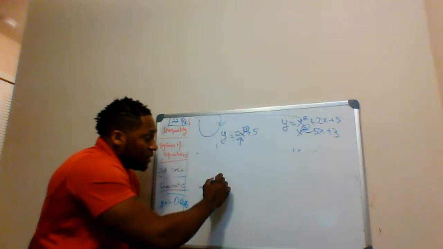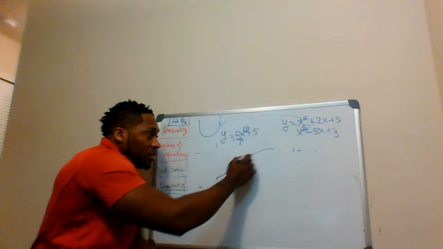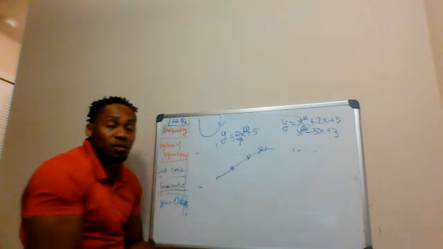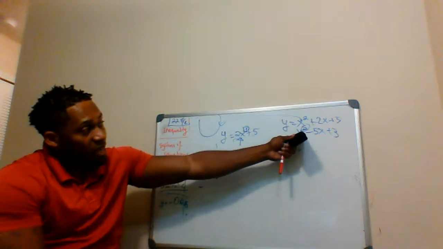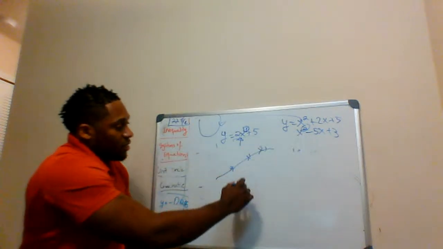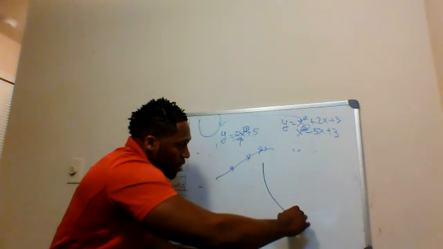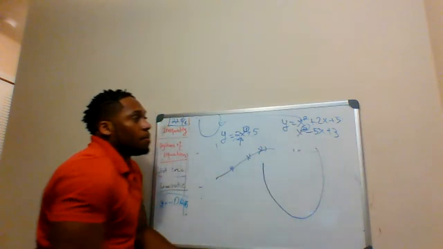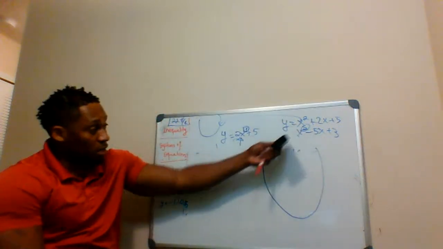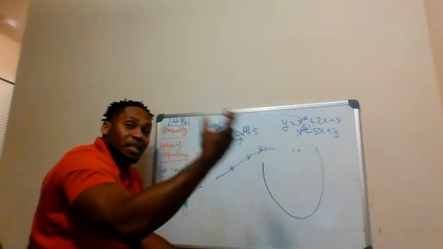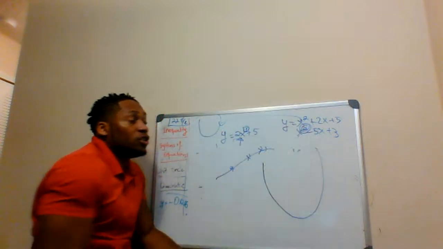So that one is linear. You can always tell what the next point is going to be. Here, it's not that way. It's going to start going down, and then go back up, so you have a parabola. And it won't be linear because you have a degree 2 here.